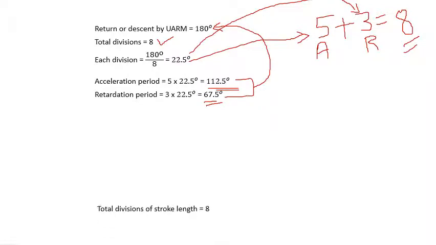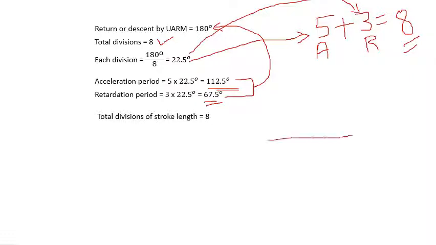Okay. So next one, the total division of a stroke length. What do you mean by stroke length? Let me explain with the displacement diagram. See, this is the displacement diagram, where here you get the outstroke, this is the first dwell, and this is the return stroke. First we have to divide this return stroke into 5 divisions.